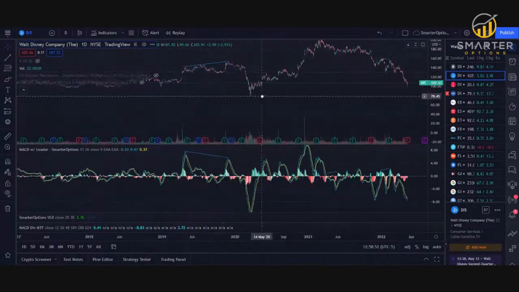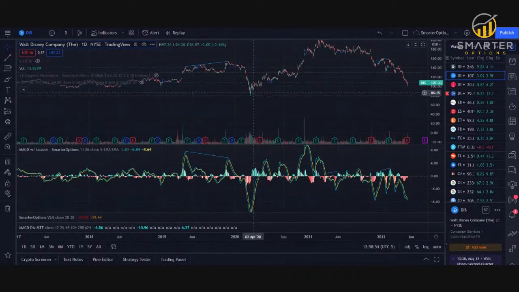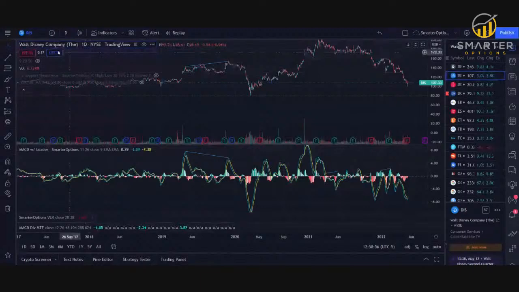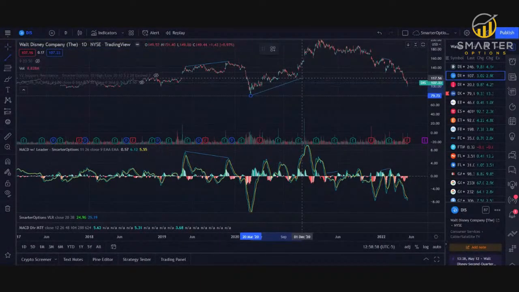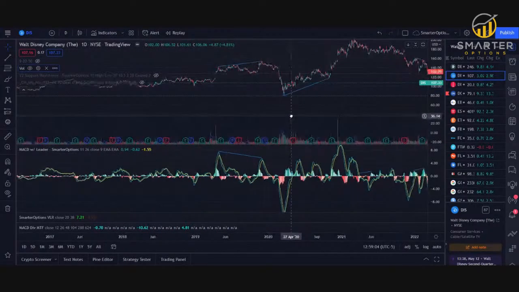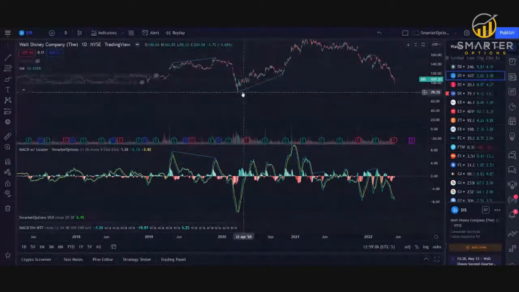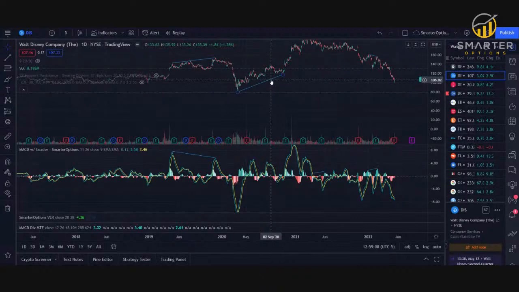Let's see here. Here was a bullish divergence, higher lows. Okay. No, it's not actually. Oh yeah, here we go.